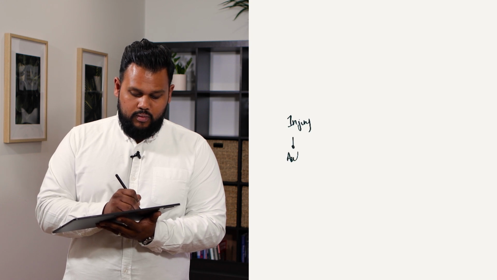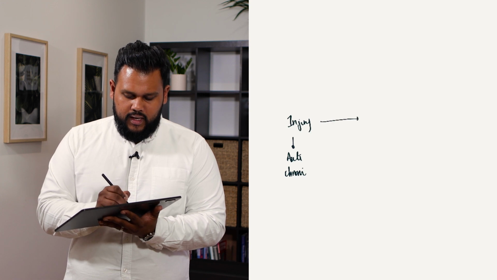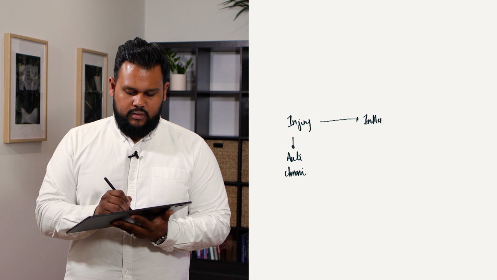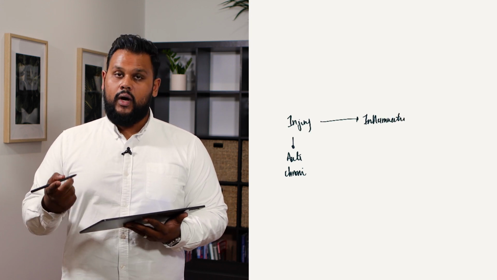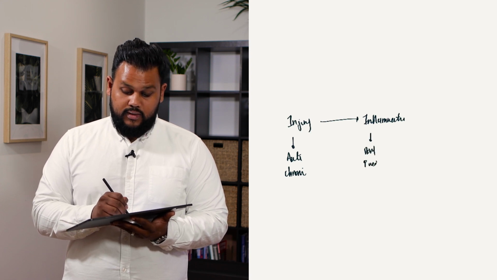We have injury that happens, and we know that injury can happen from an acute point or it can happen from a chronic point. From there, you will have this process of inflammation, but inflammation will have a few different responses to it. One, it will reduce the range of motion. Two, it will increase redness.